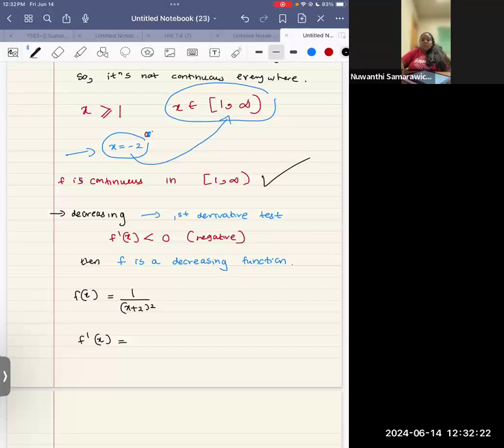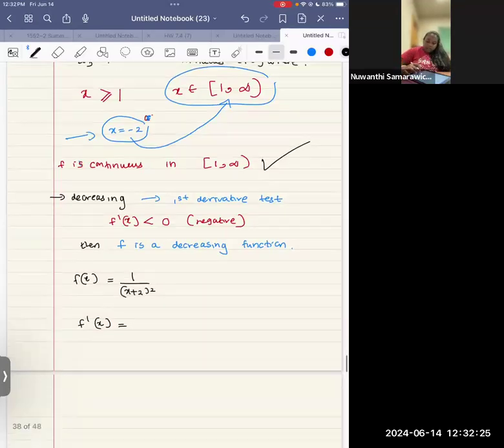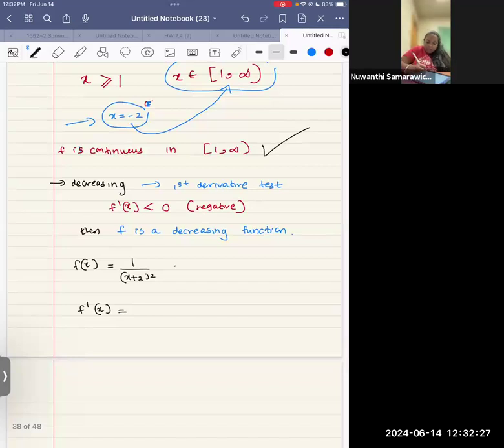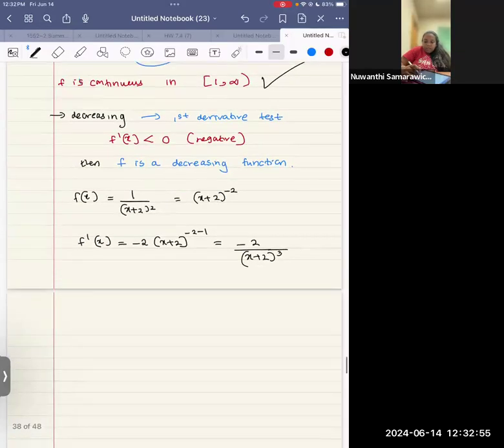Okay, I see many correct answers. We can write this as (x plus 2) to the power negative 2, and then take the first derivative. This is negative 2 (x plus 2) to the power of negative 2 minus 1, that is negative 3. So negative 2 (x plus 2) to the power 3 in the denominator. Is this negative or positive?